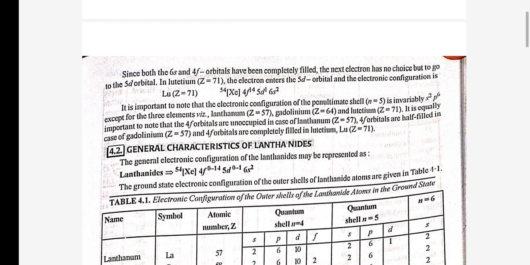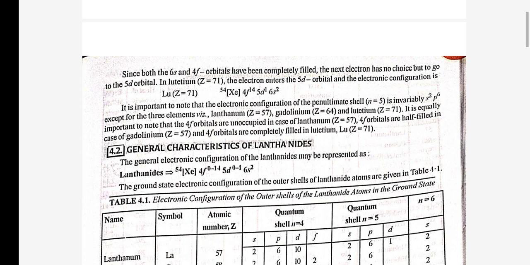Since both the 6s and the 4f orbitals have been completely filled, the next electron has no choice but to go to the 5d orbitals. In lutetium, the electron enters the 5d orbitals and the electronic configuration is xenon 54, 4f14 5d1 6s2.